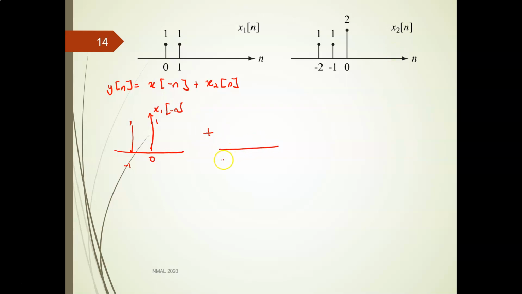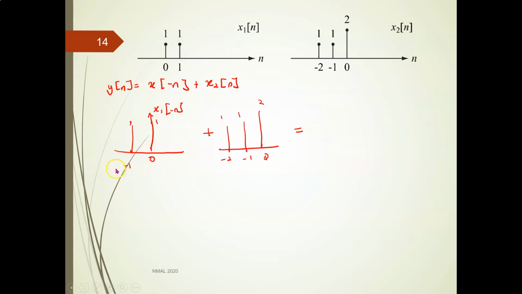Okay, so you draw at -2, -1, 0, at 2, 1, 1. So basically when you want to perform the arithmetic operation for discrete signal, it's easier for you to redraw like this. Okay, it may take some time, but if the question here is quite complex, then it's easier for you to draw. Okay, so that you won't make any mistake. So you just add based on the n here.